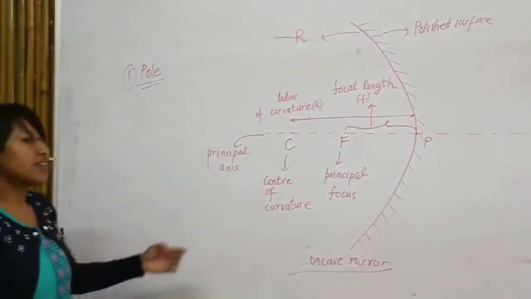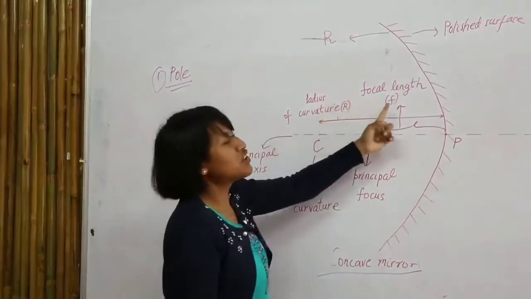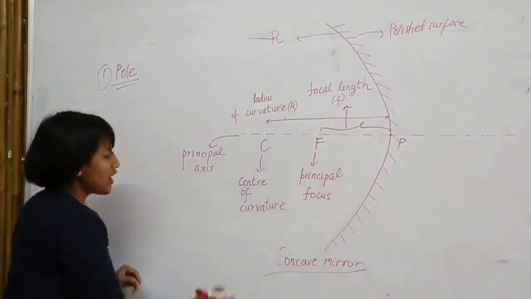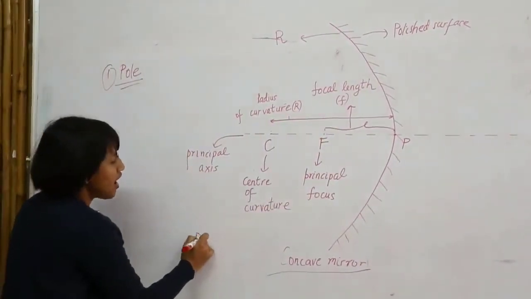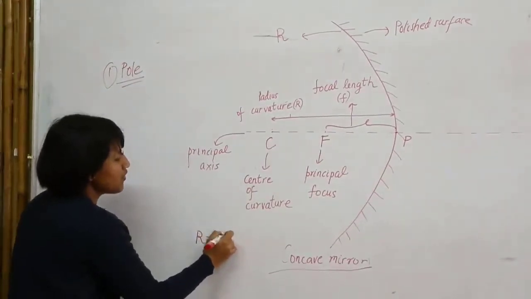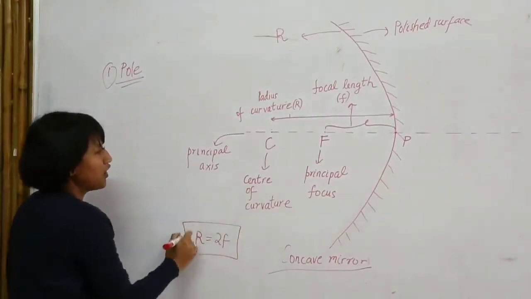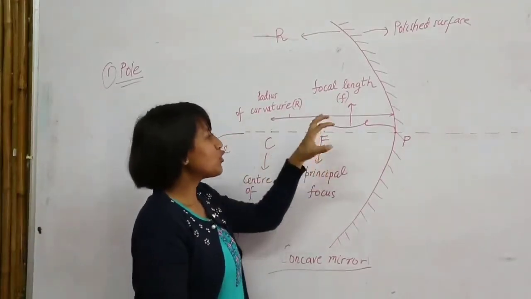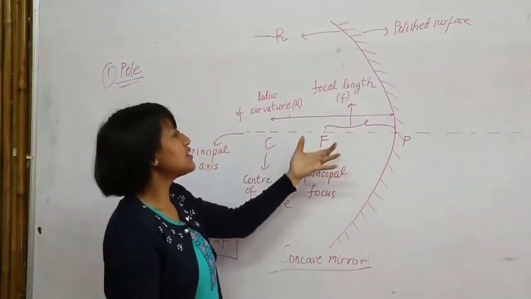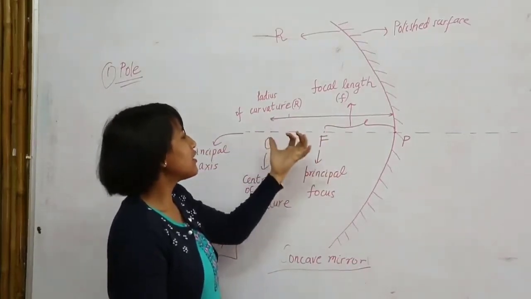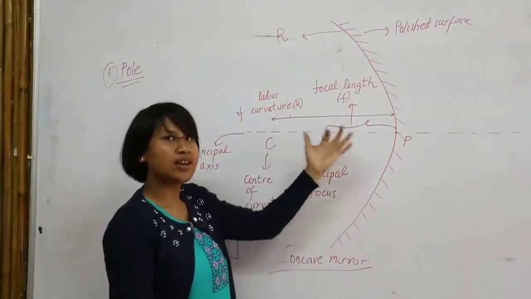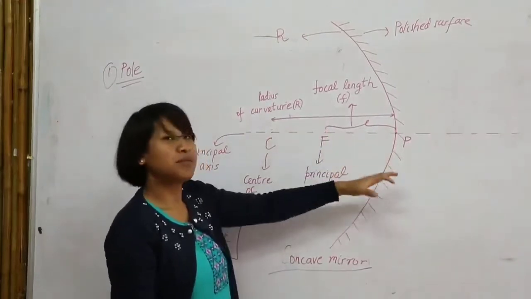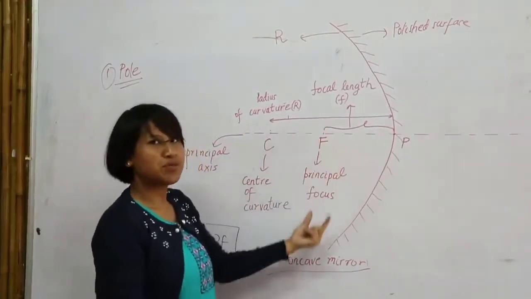There is a relation between the radius of curvature and the focal length, and the relation is that R is equal to 2f. A very, very important formula. So to locate this focus, make sure that it is in the middle of C and P. That is the principal focus.